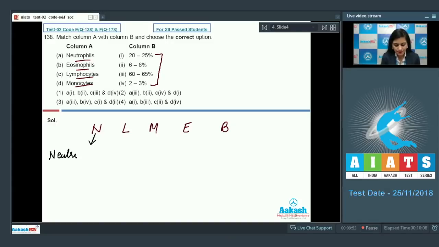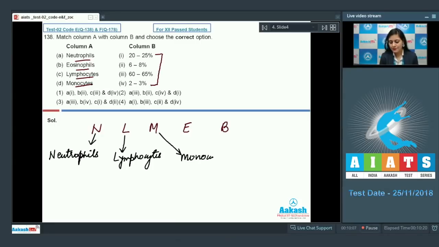Where N stands for neutrophils, L stands for lymphocytes, M stands for monocytes, E stands for eosinophils, and B for basophils.